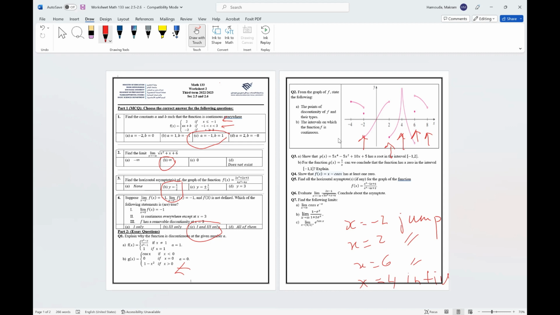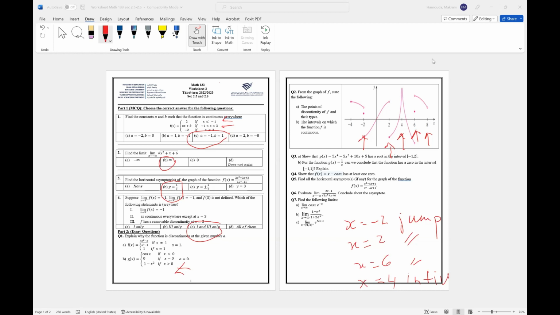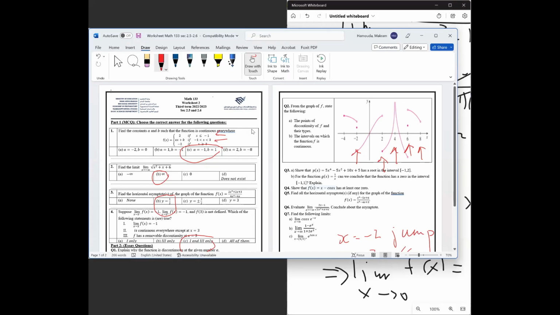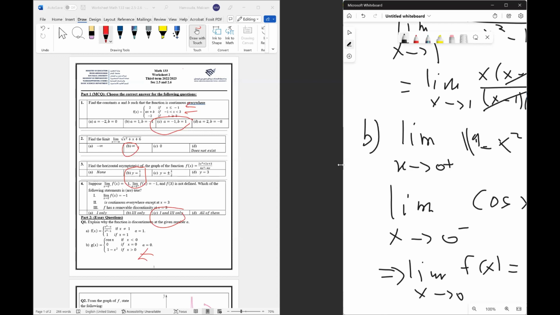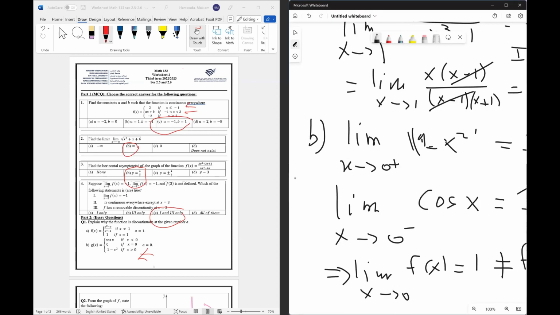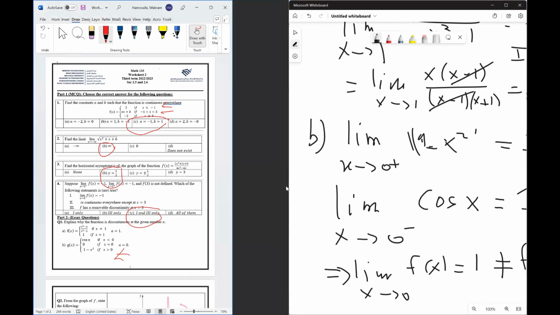Okay, now for the intervals, intervals of discontinuity. So here for the intervals we have to keep attention to the fact that we will consider each interval by itself, not the whole domain.